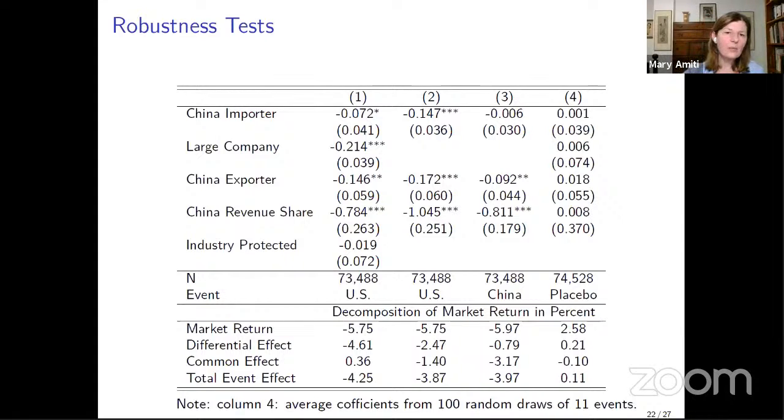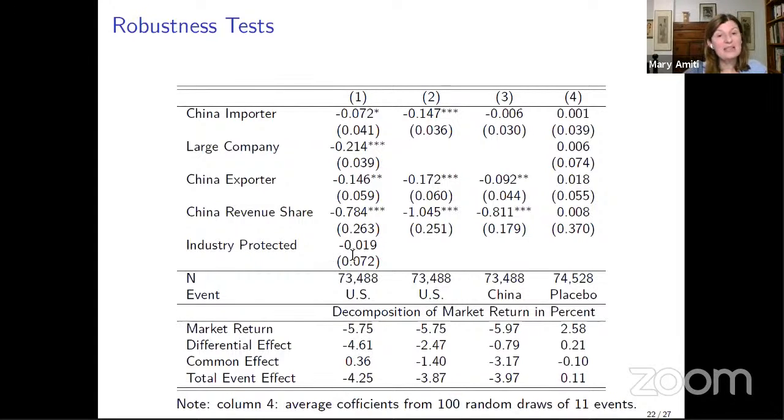What we did is that in column 1 we included a dummy for any industry that was hit by a tariff on the importing side. And what you find is that you really don't get anything going on here.